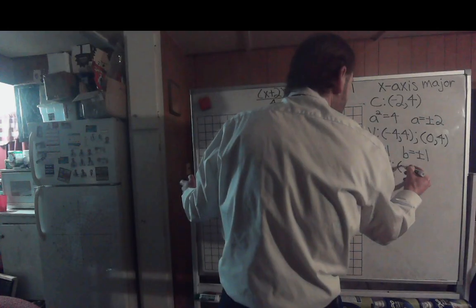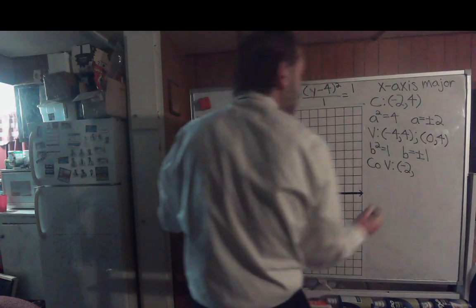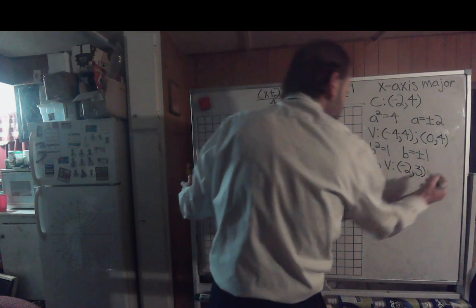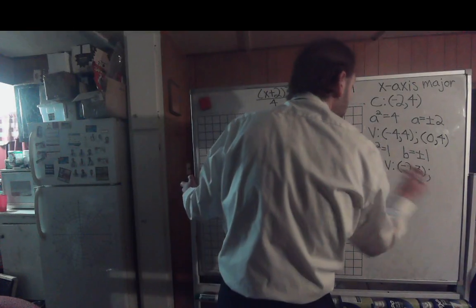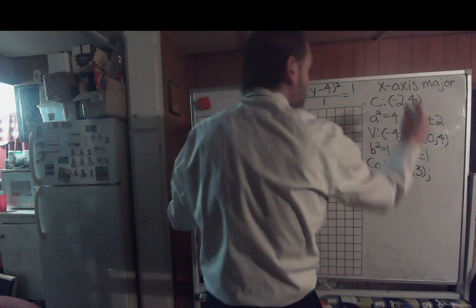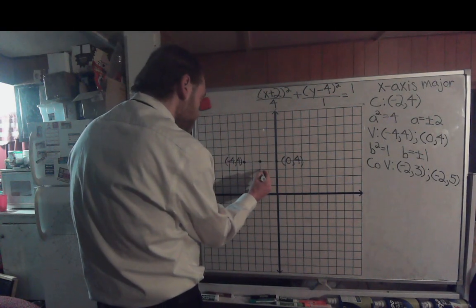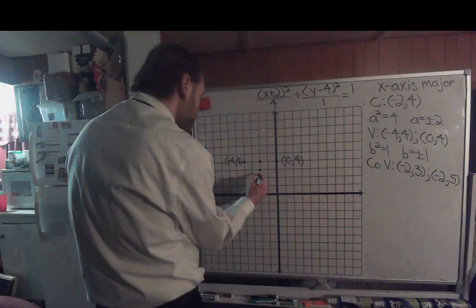So leave the x-coordinate of negative 2 alone. 4 minus 1 is 3, so I have a co-vertex at negative 2, 3. Then if I take 4 plus 1, I'll have another co-vertex at negative 2, 5. So let's see, negative 2, 3 right here.